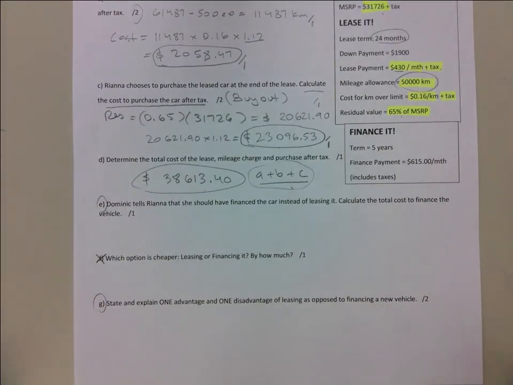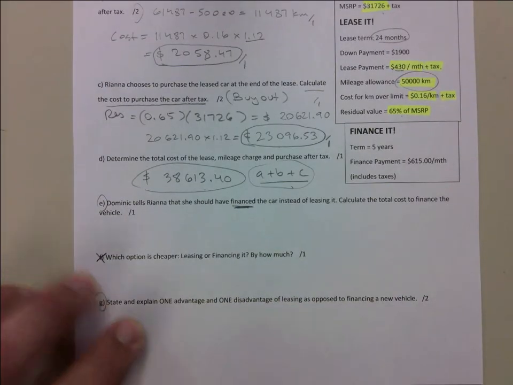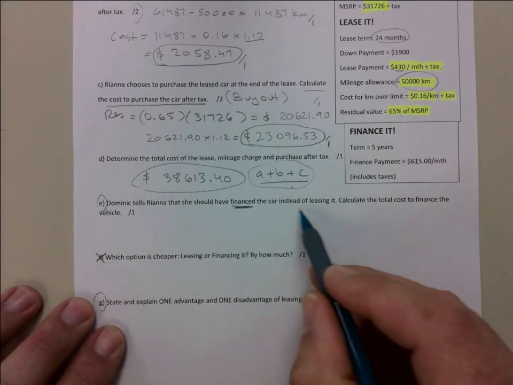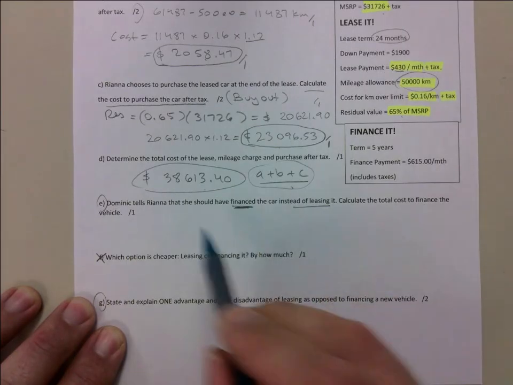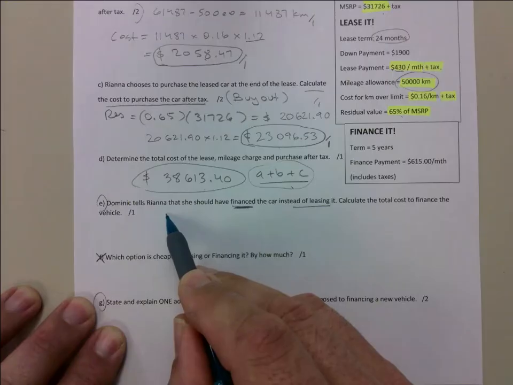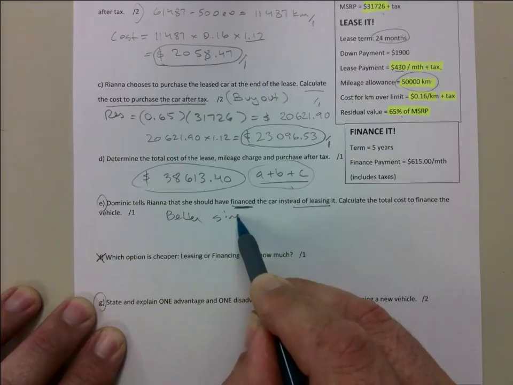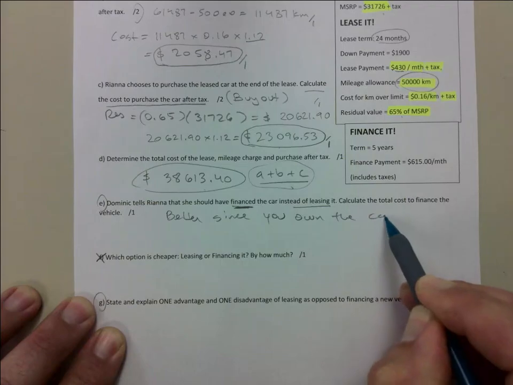Dominic tells Rihanna, should have financed. Financing means you're buying it, you get a loan to pay it off. Why is it better to do that instead of leasing it? I don't know. Anyways, financing would be better since you own the car at the end.